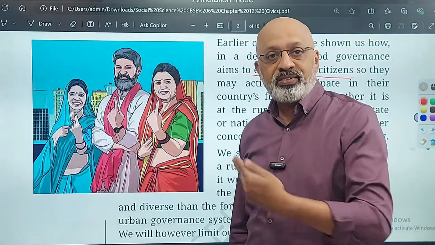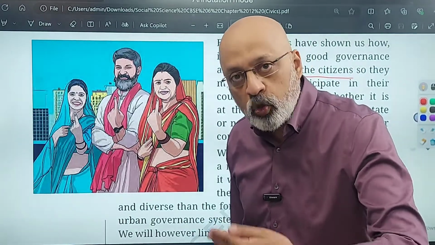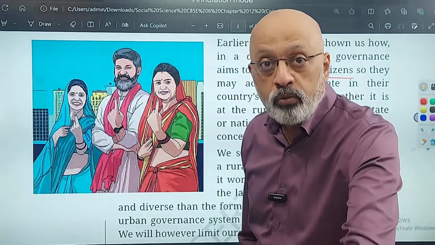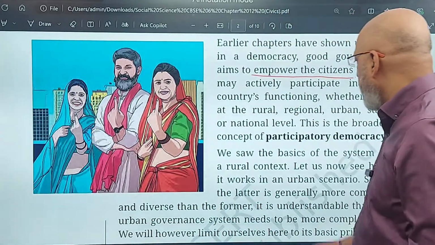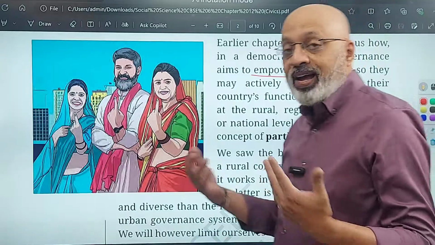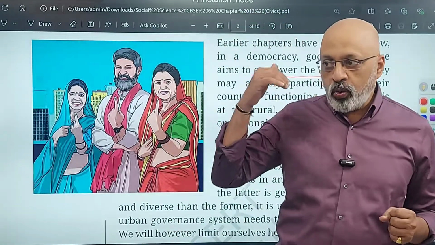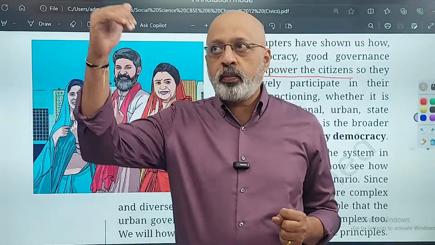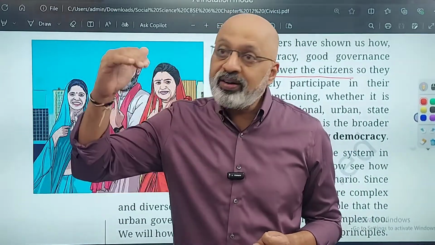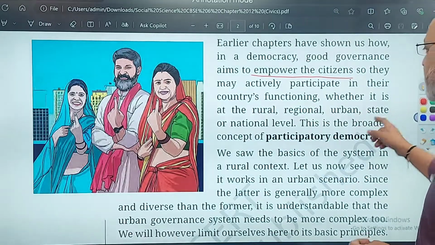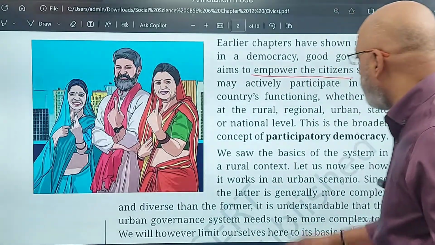For instance, if you are a citizen of Mumbai, you would also be voting for your local corporator in the Bombay Municipal Corporation. Okay, and if you are voting for the national level, you will be voting for your member of parliament. So you realize that you have the right to choose your representative at different levels. Okay, rural, regional, urban, state or national level, what I just now mentioned.